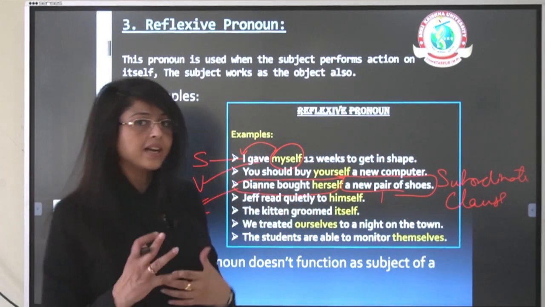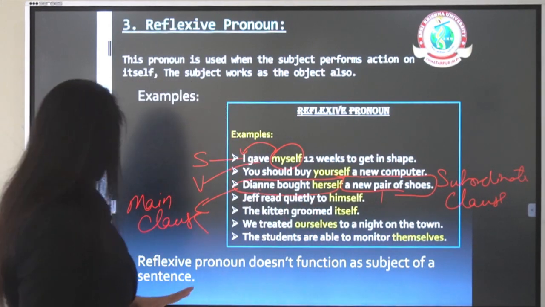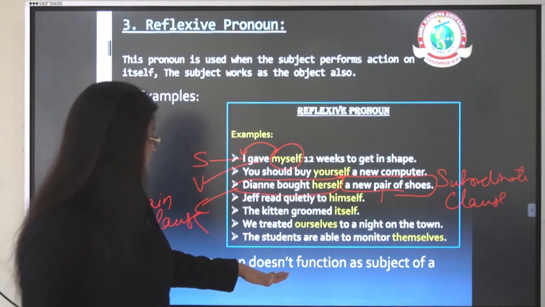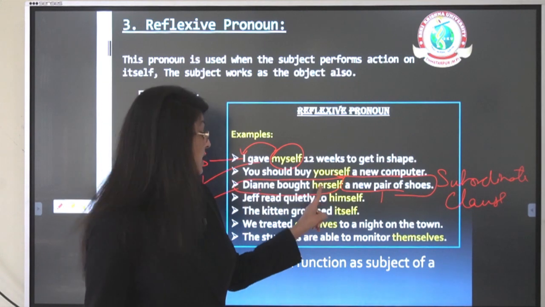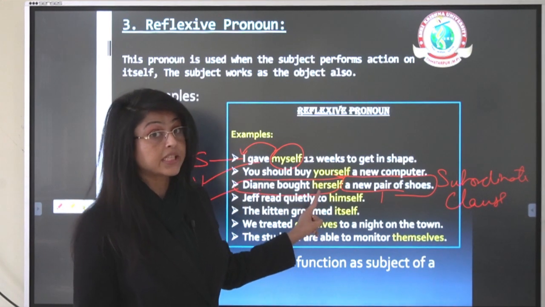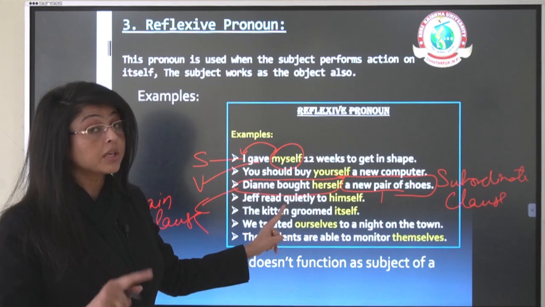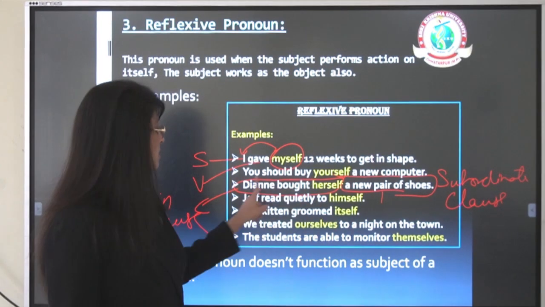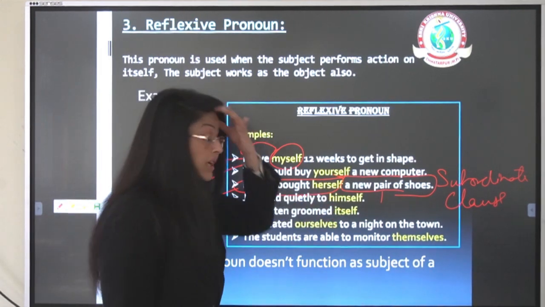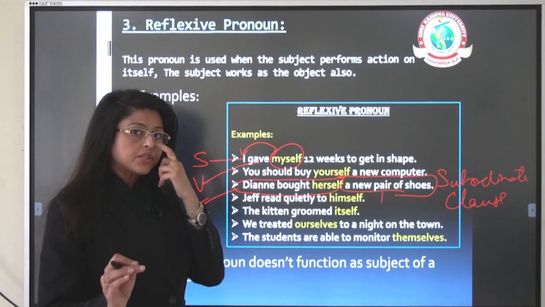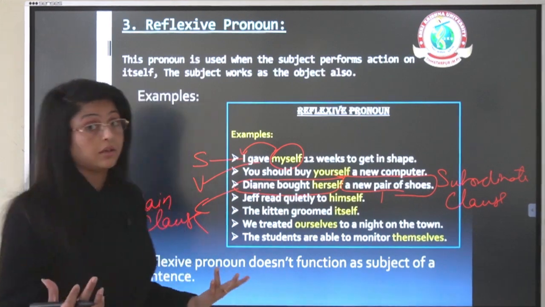So this exactly is how it functions. Reflexive pronouns don't function as the subject of a sentence generally. They may function as an object, but never as a subject. "Herself bought Diane" would be a wrong sentence, obviously. A bit of common sense with grammar rules works a long way.